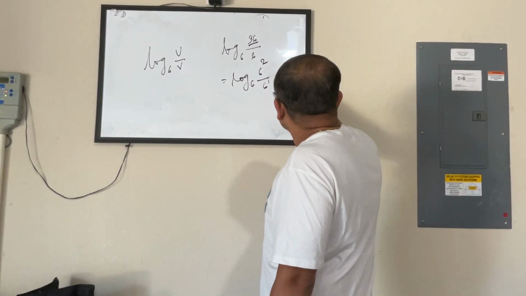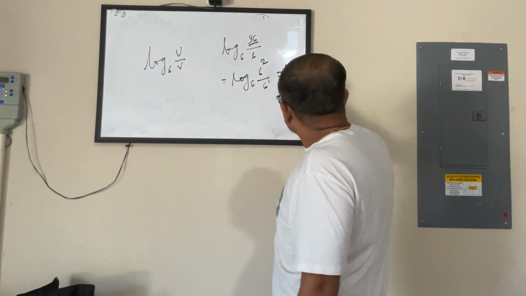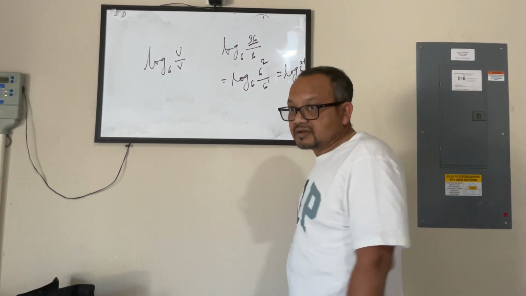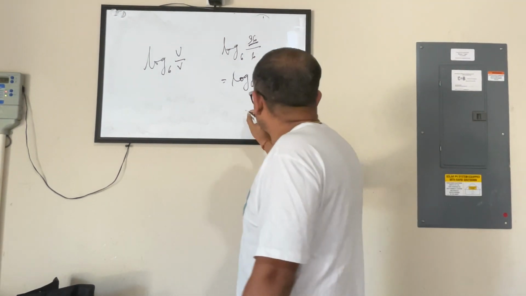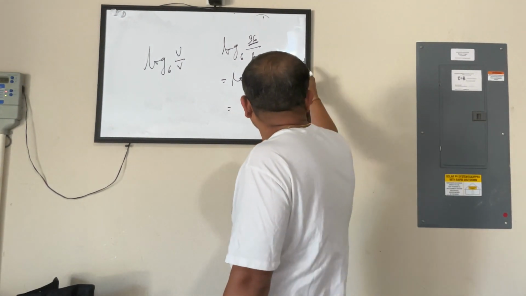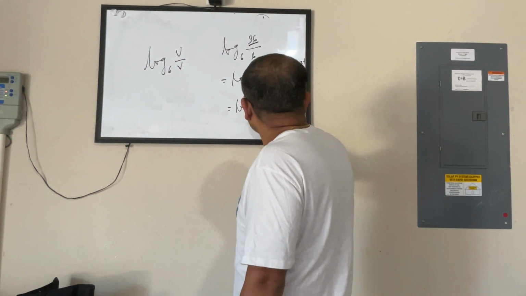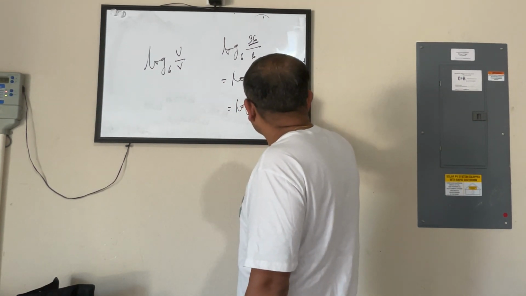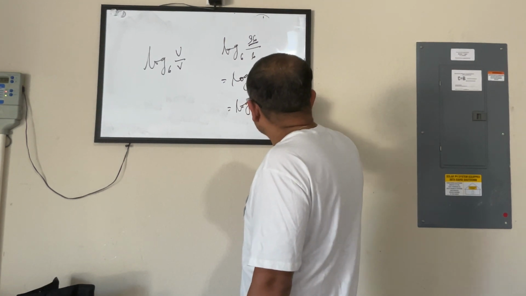So that becomes log of 6 to the power 2 minus 1, which is log of 6 to the power 1. That becomes 1, correct?